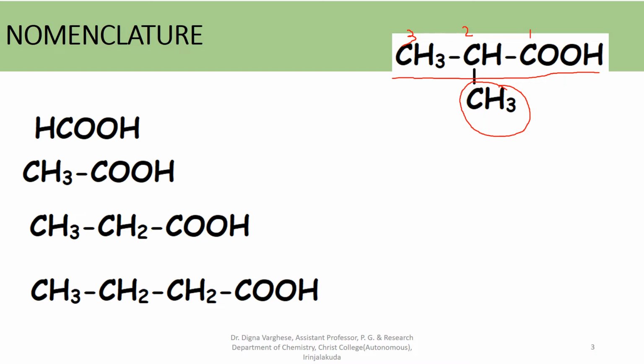So it is known as 2-methyl propanoic acid. It is the IUPAC name. Its common name is isobutyric acid. It contains 4 carbons, so it is known as isobutyric acid, but its IUPAC name is 2-methyl propanoic acid.